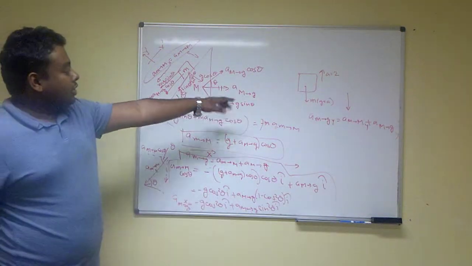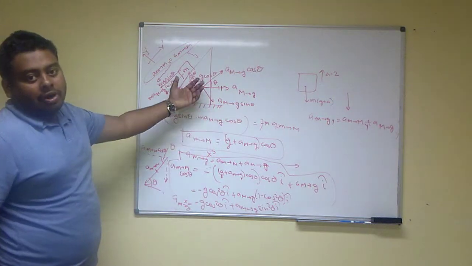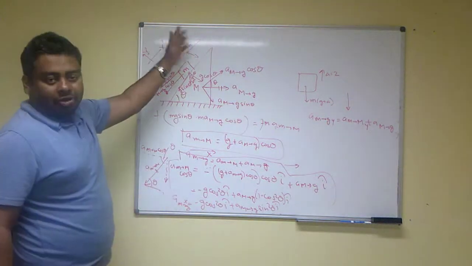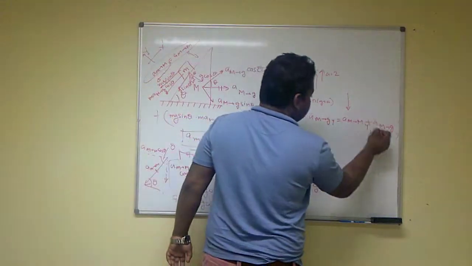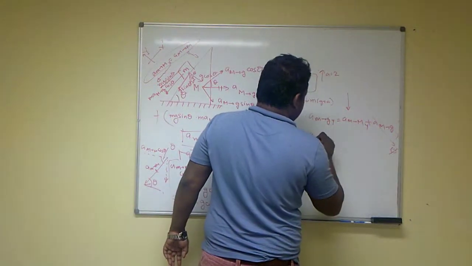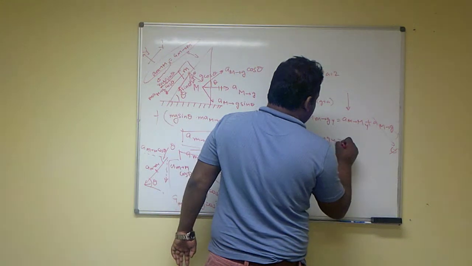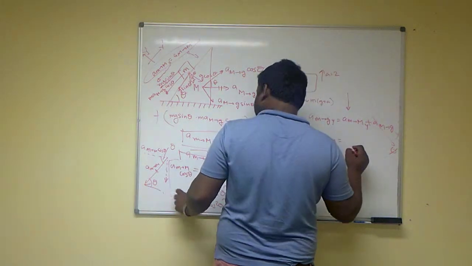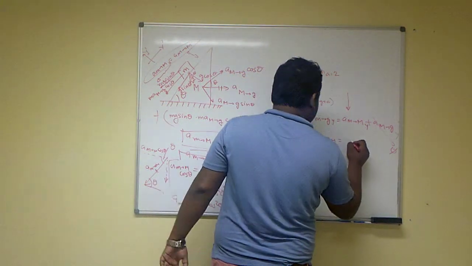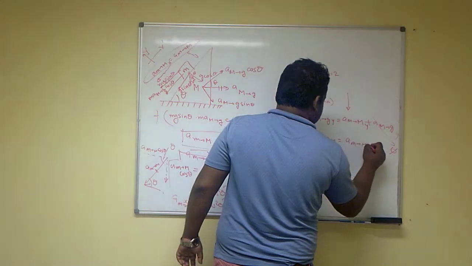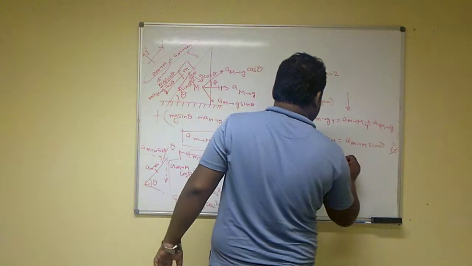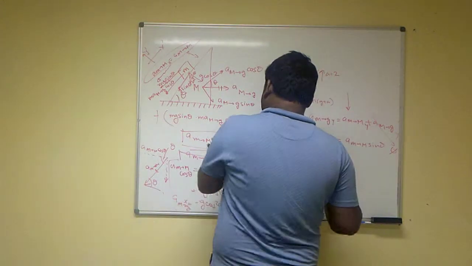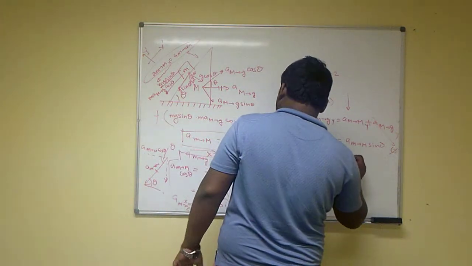For the y direction, am with respect to ground in the y direction is 0, because in this entire vertical direction it is 0. So a small m with respect to ground in y will be a small m with respect to capital M sin theta, where this is the value of theta, and this is the value of am with respect to m.